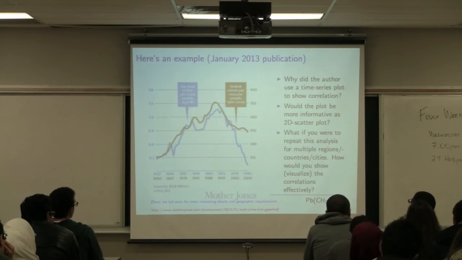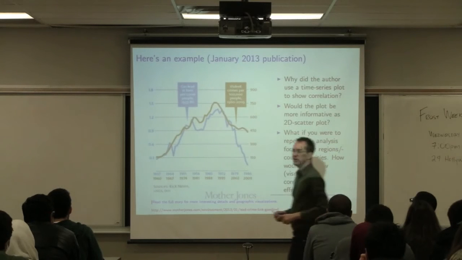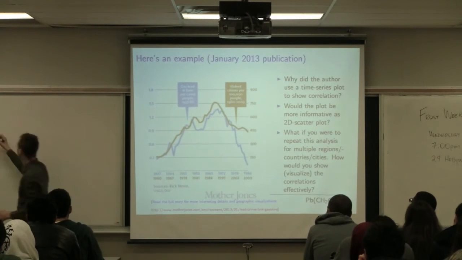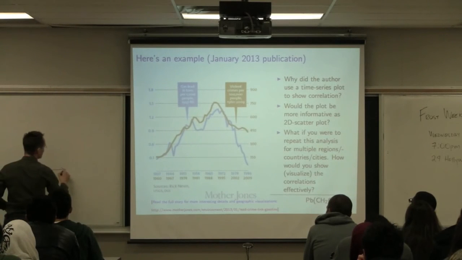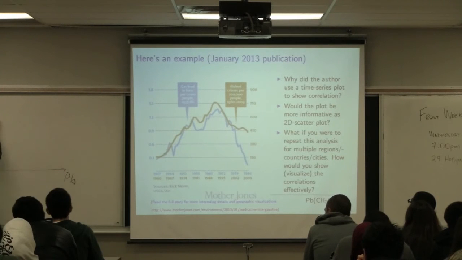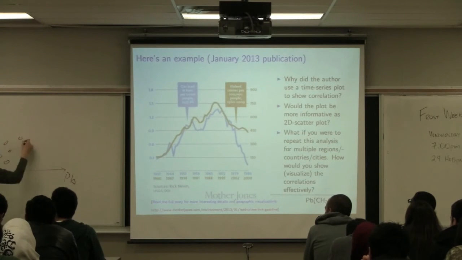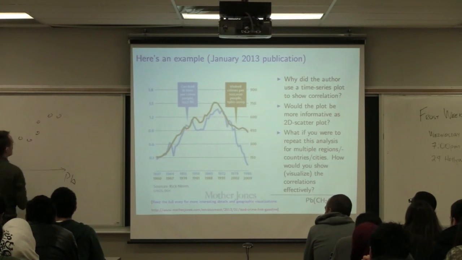So for this particular data set, I can convert the time series plot over to a scatter plot of discrete points, and I should end up with something that shows a positive or negative trend. So if I'm plotting lead on one axis versus crime on the other axis, what sort of trend would I see? Positive trend. And you should see something along these lines.